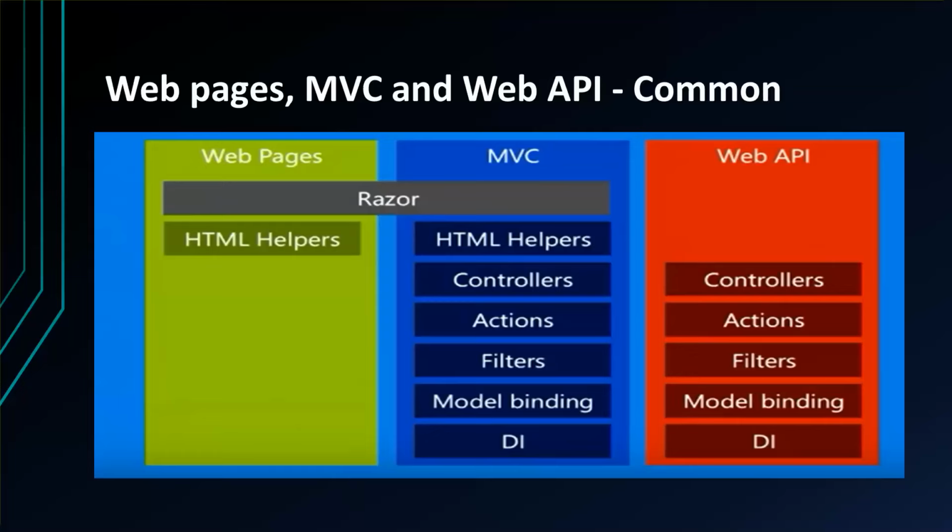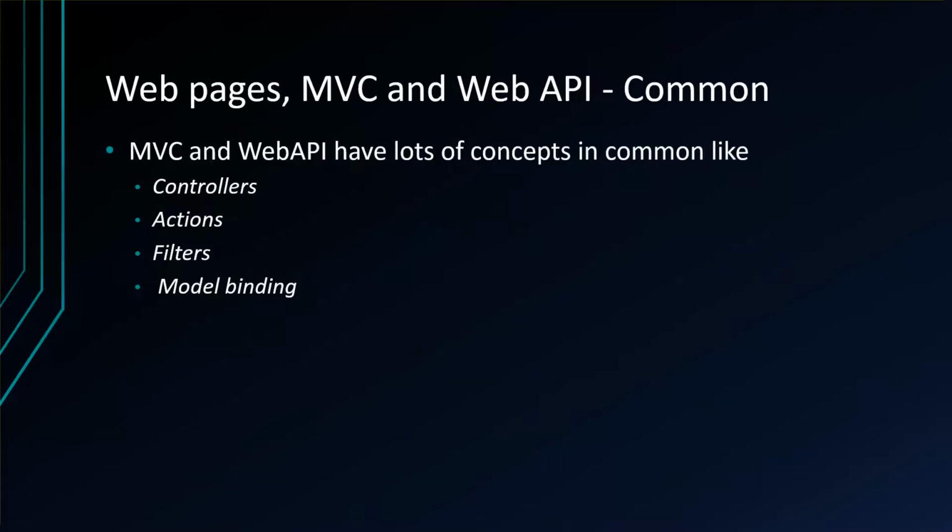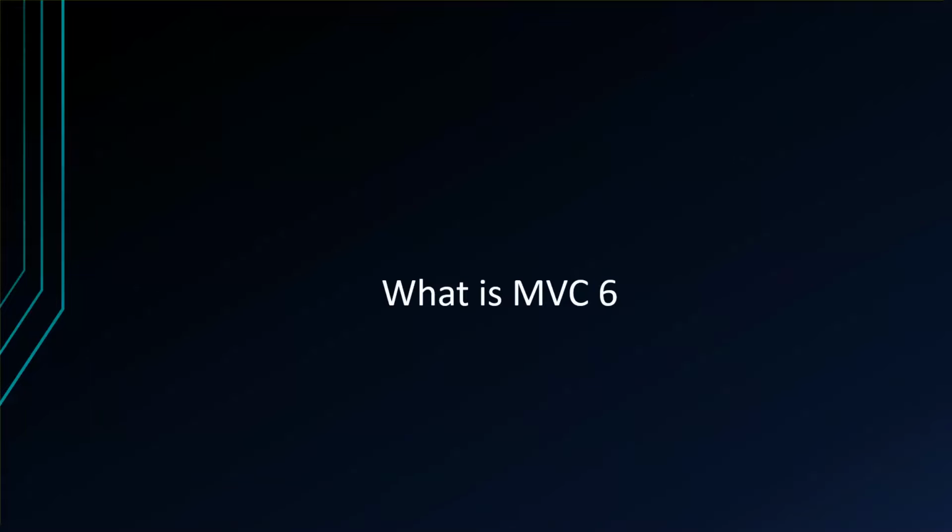If you are developing an app using MVC and Web API, there is repetition and redundancy in common controllers, actions, filters, model binding, and dependency injection.